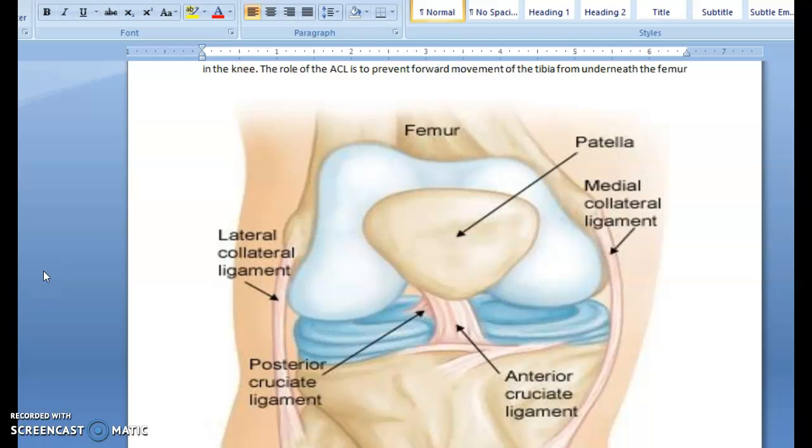This is an image of the knee indicating all four ligaments, and in particular we're looking at the anterior cruciate ligament.